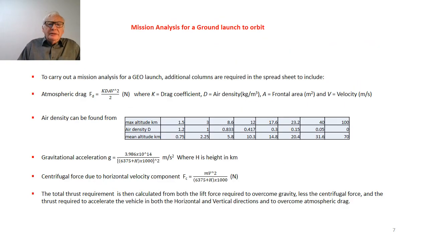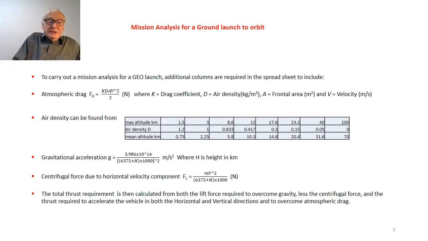We'll now look at a mission analysis for a ground launch to orbit. This is rather more complicated than the simple space launch mission that we looked at previously. And clearly we're going to need some additional columns in our spreadsheet calculation.